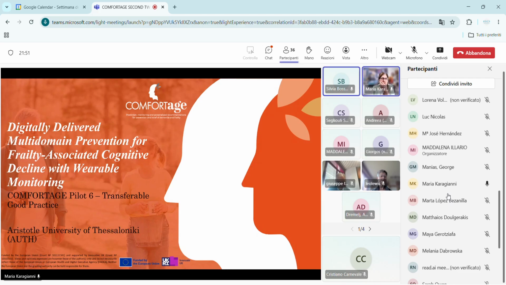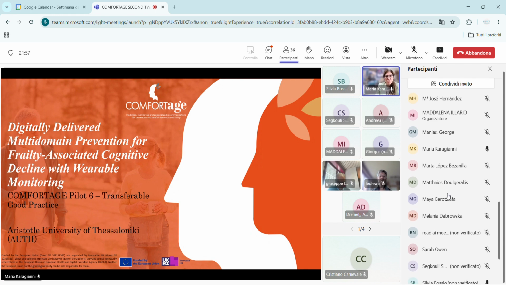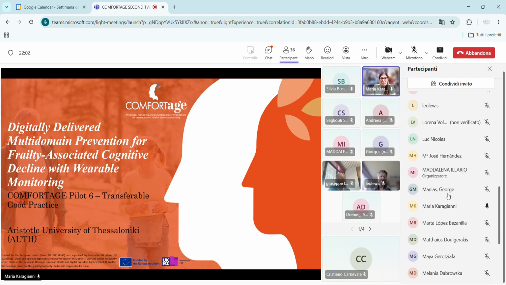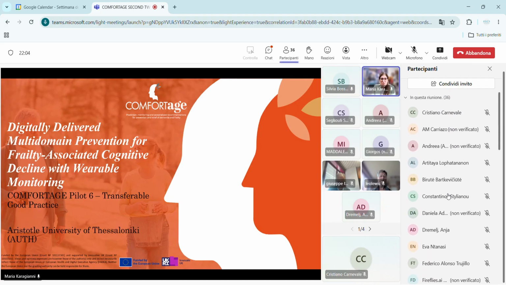Perfect. Thank you. Okay, so we're going to talk about Pilot 6, multimodal prevention for frailty, which is associated with cognitive decline, and with wearable monitoring.